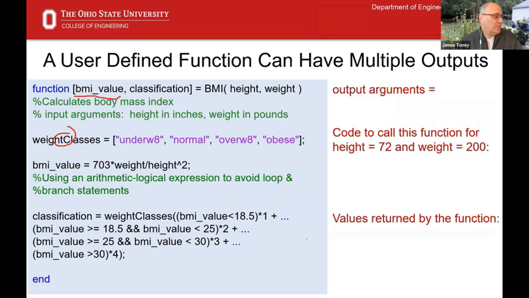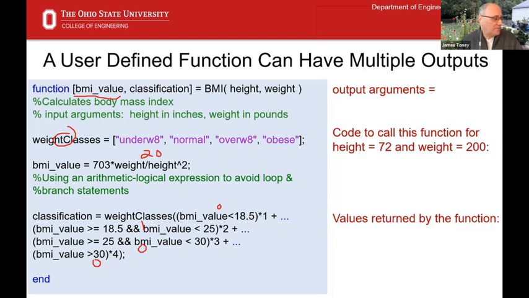So let's say BMI value happens to come out to be 20. Let's say this evaluates to 20. Well, this is false. This one is true. And these two are false. Since this one is true, it evaluates to 1.